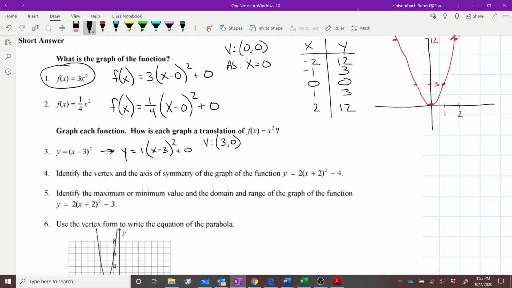The vertex of this parent function, we said the other day that this function is the same as the function of x equals 1 times x minus 0 squared plus 0. The vertex of this function would be 0, 0.